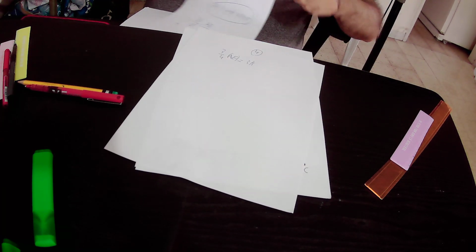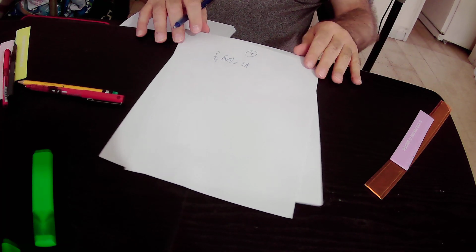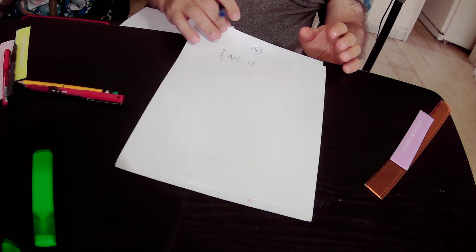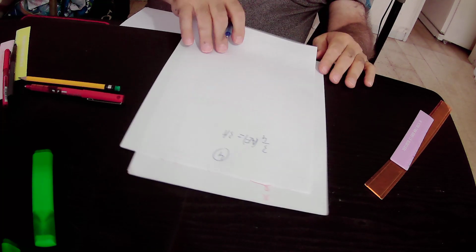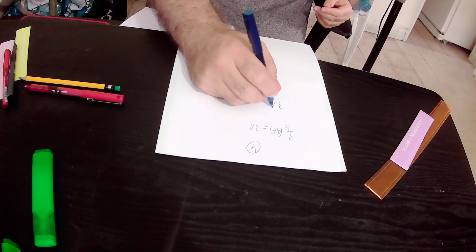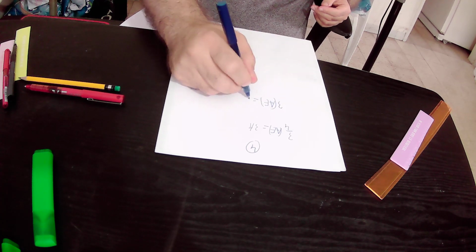We got that 3 over 4 times AE equals 3K. Here we will multiply this equality by 4, and we get that 3 times AE equals 12K.